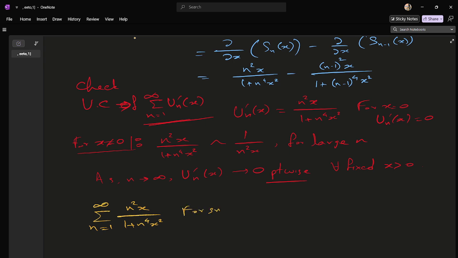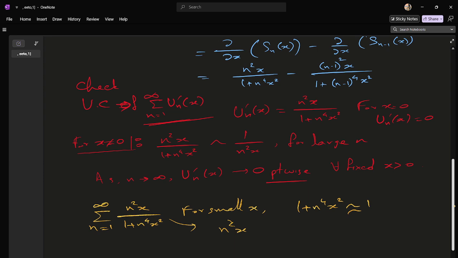Then for small x, what will happen is that the term behaves like n square x, leading to the divergence of the series.